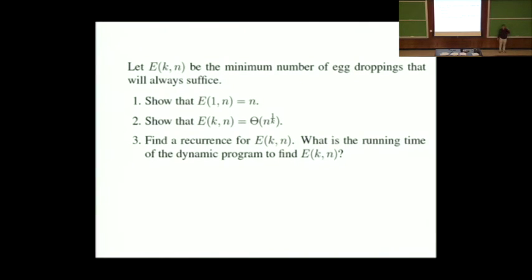So what is the time complexity of this? We said there were k times n boxes. How much time does it take to fill this box? Any ideas? Well, let's go to the recurrence. How much time does it take to look up this value in a table?